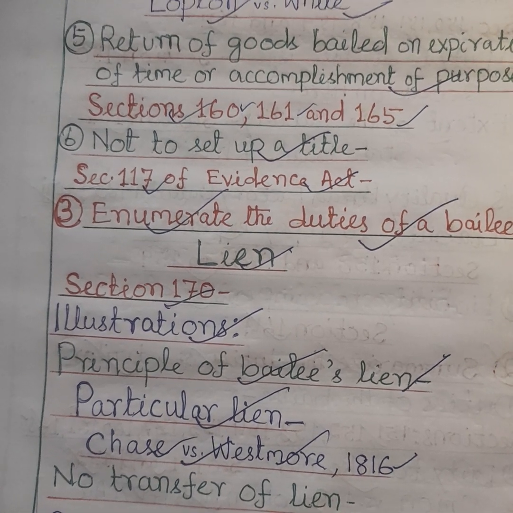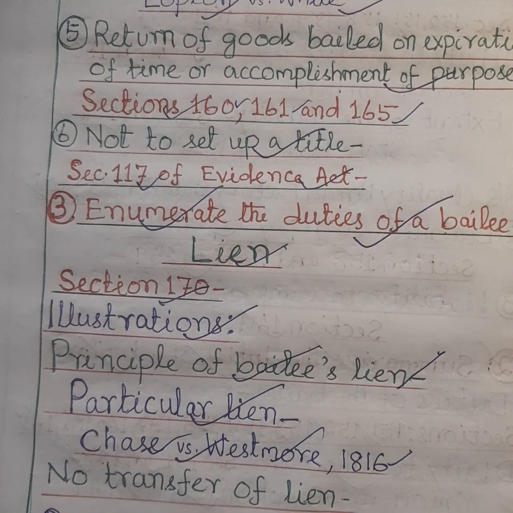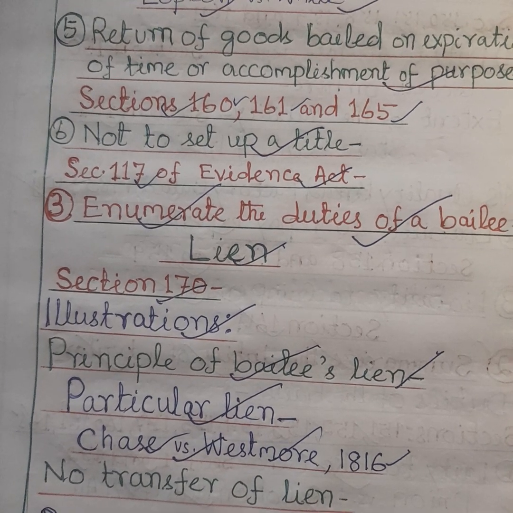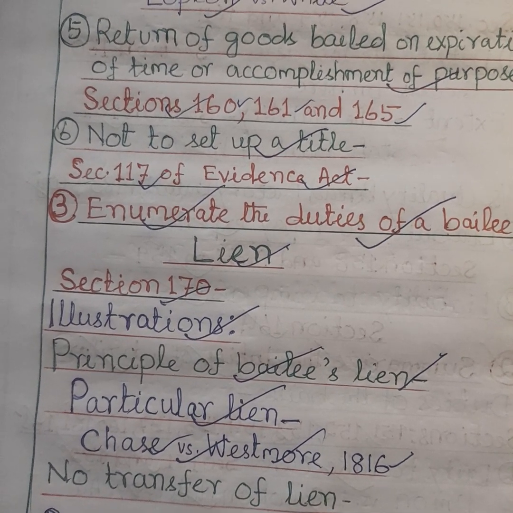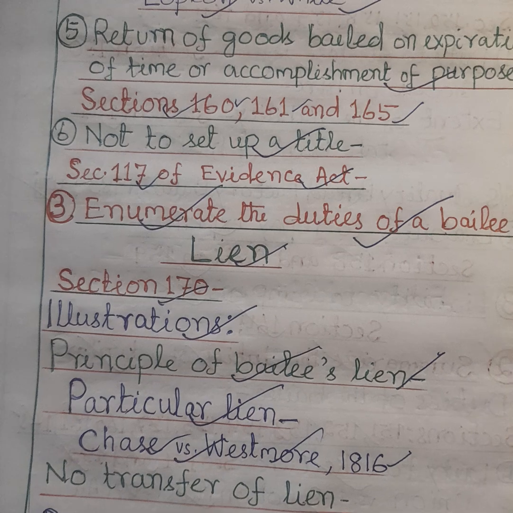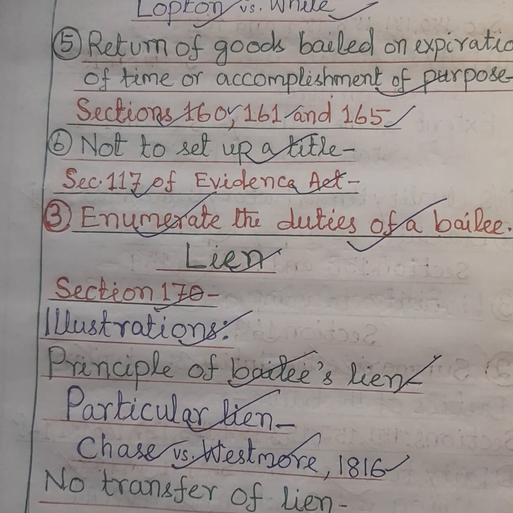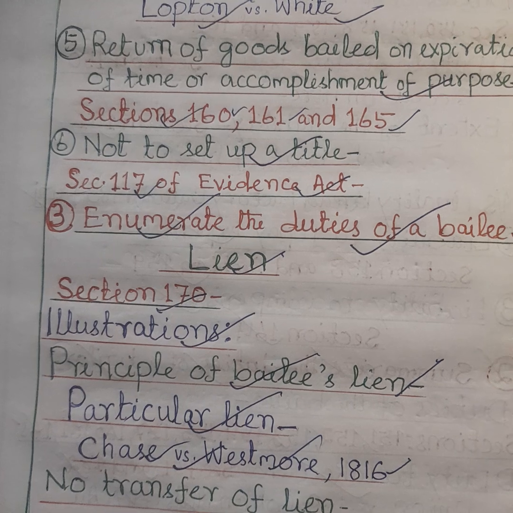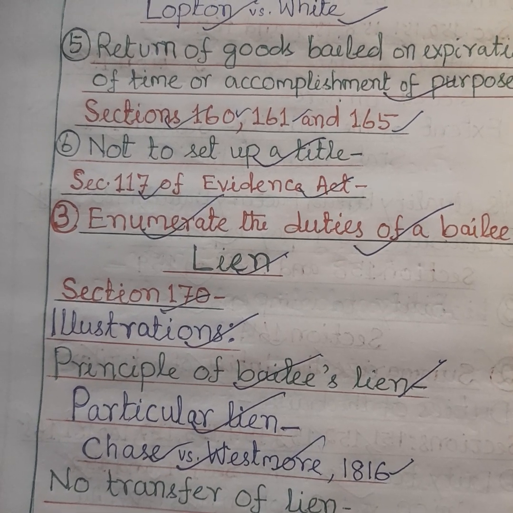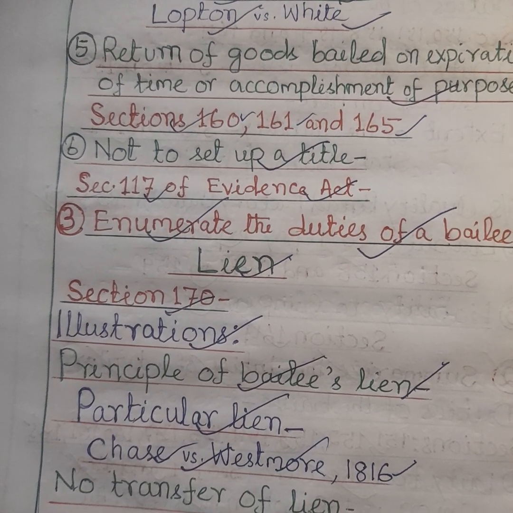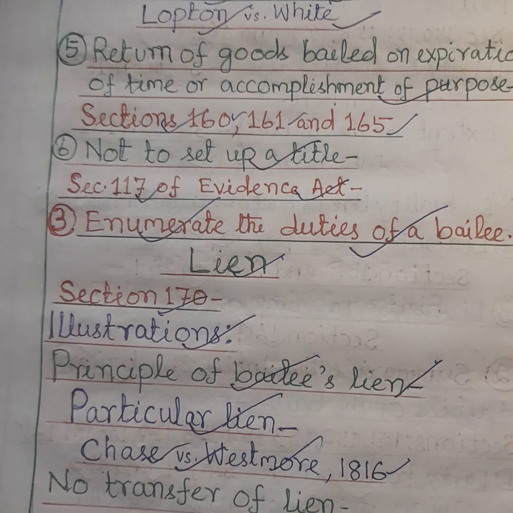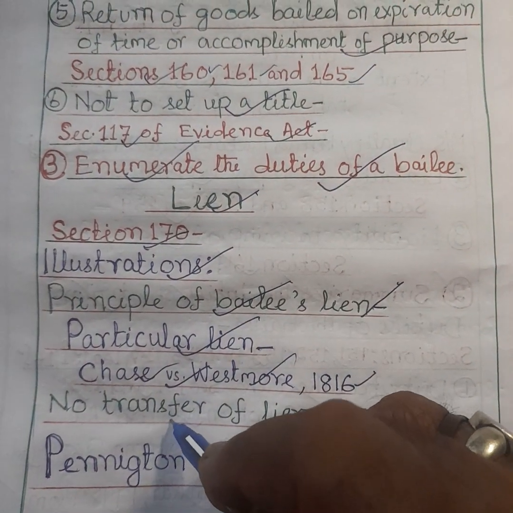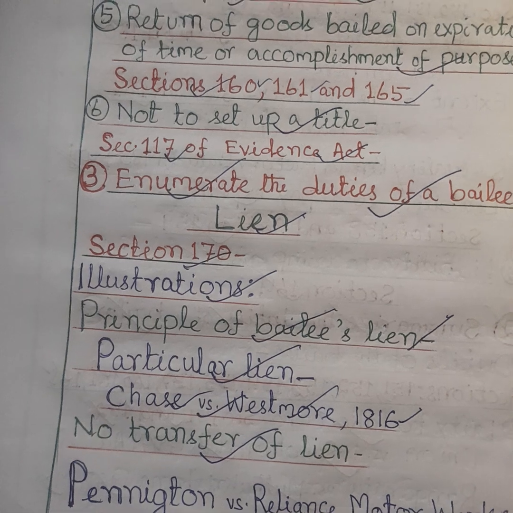So, accordingly, where jute was delivered to a pressing company from time to time to be baled, but all under one contract, the lien was held to attach to all such contract. And now we'll discuss regarding no transfer of lien.